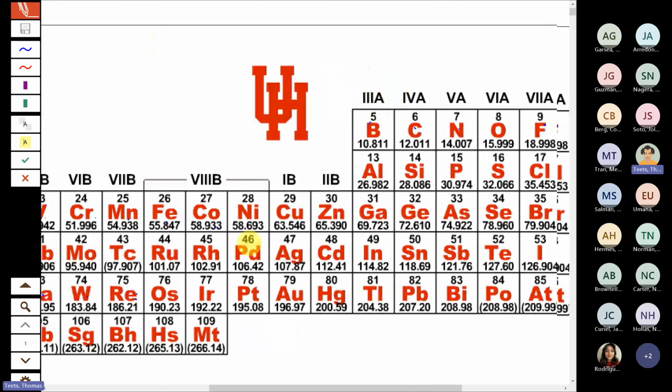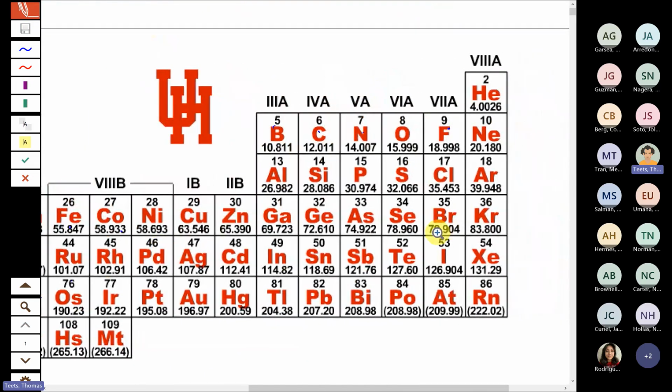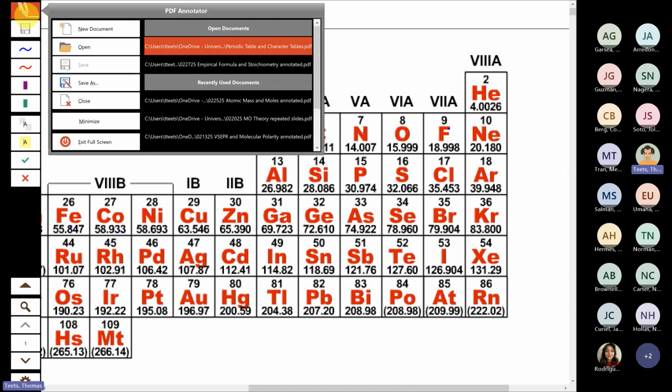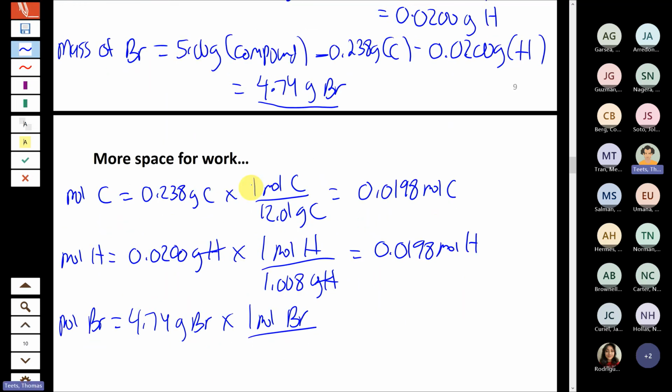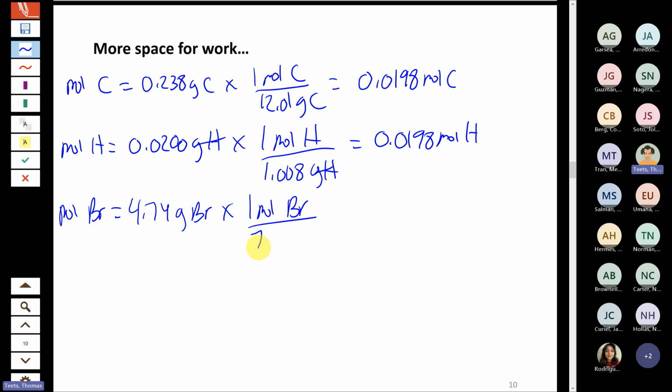The atomic mass of bromine way over here is 79.9. 90 if you want to be exact. So we're going to divide by that to get moles of bromine. And that number comes out to 0.0593. So those are the moles of each.